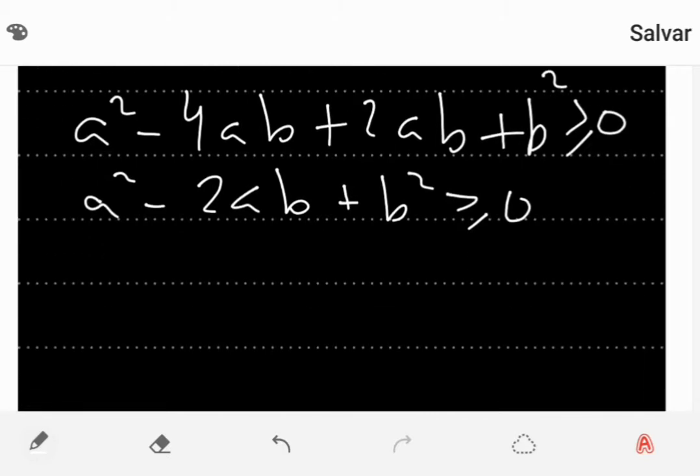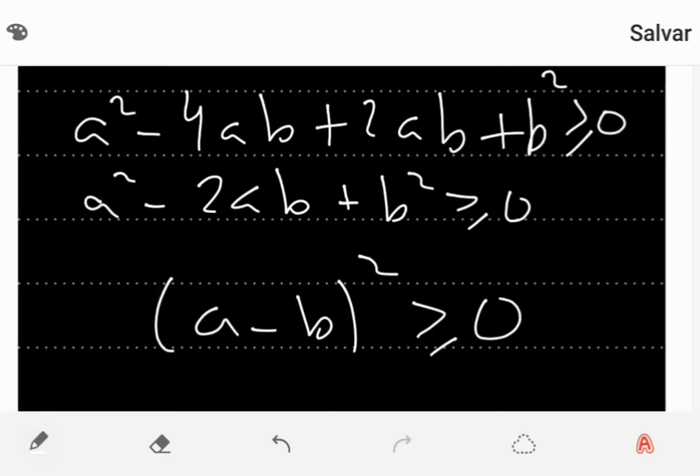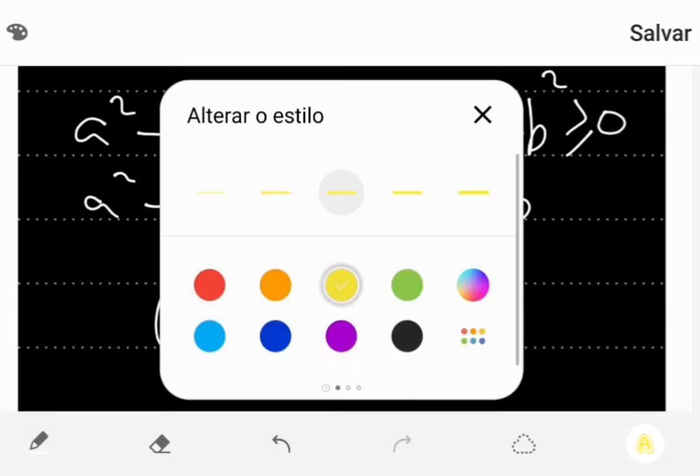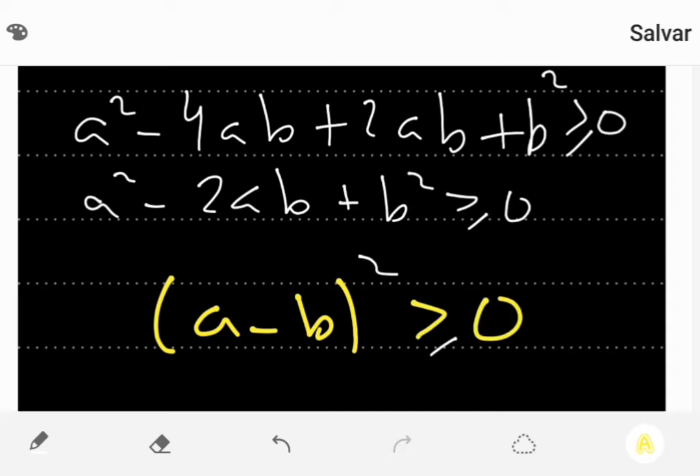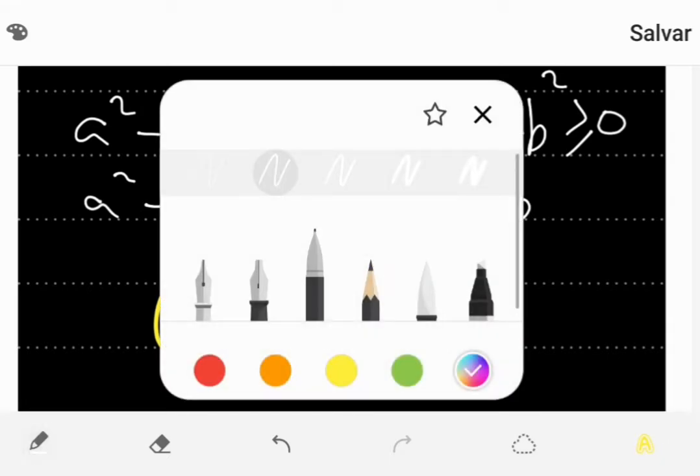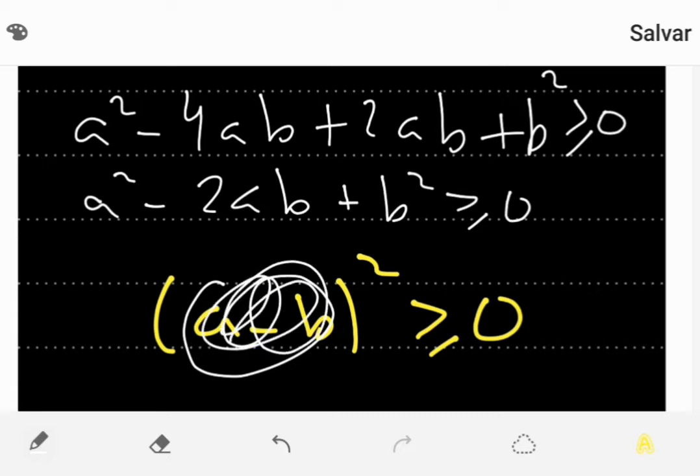Now this is a perfect square, right? So A minus B squared is bigger or equal to 0. And this is always true. Can you see that this can never be negative? Why can't it be negative? It doesn't matter what we have inside over here.